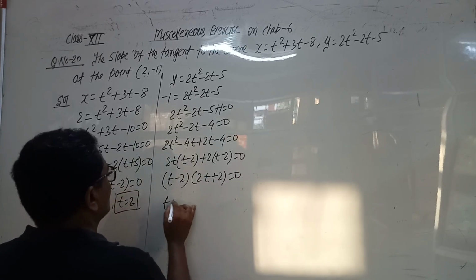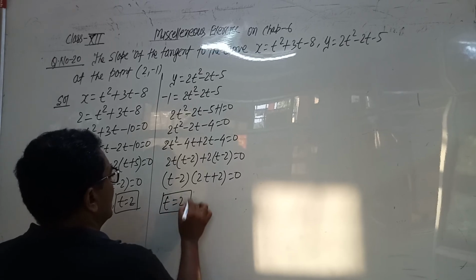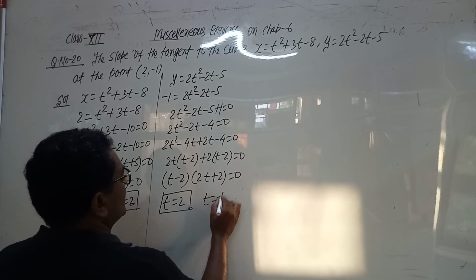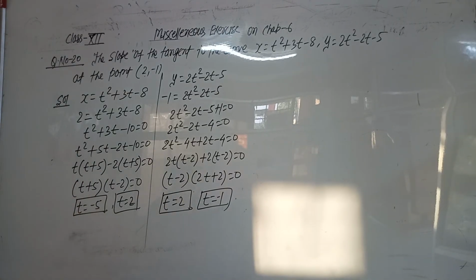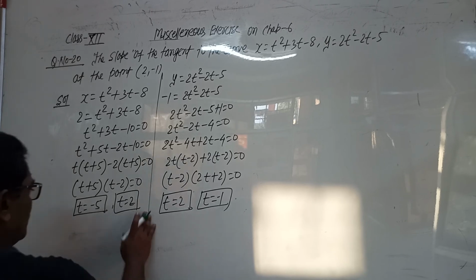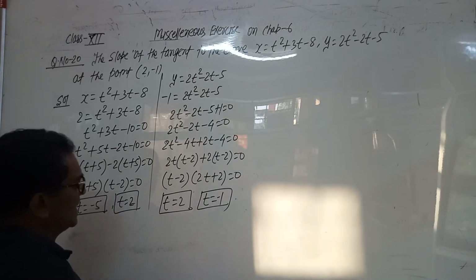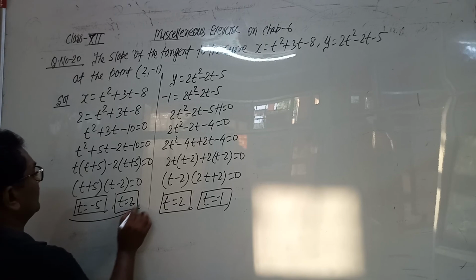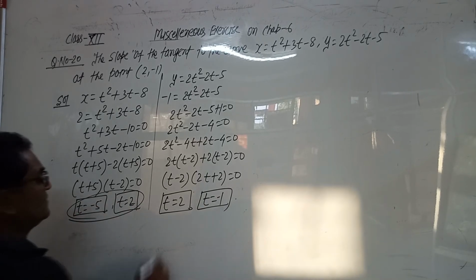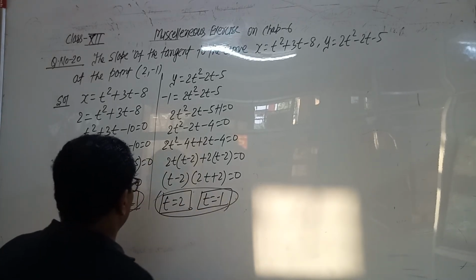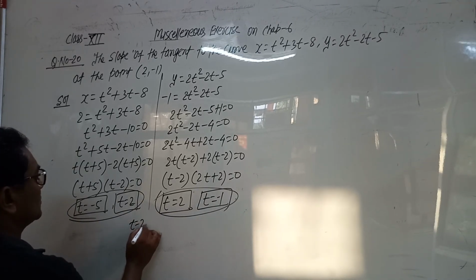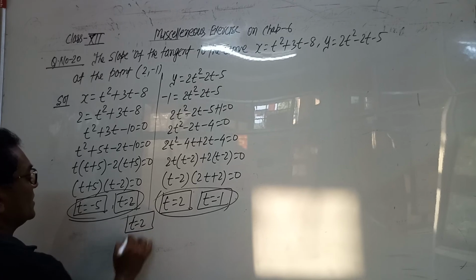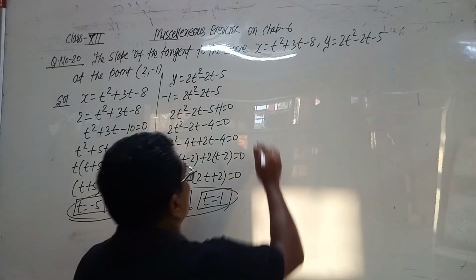Again we get two values, t equals 2 and t equals minus 1. So we obtain the values of t. Now we have to take the common value from both expressions. The common value is t equals 2.